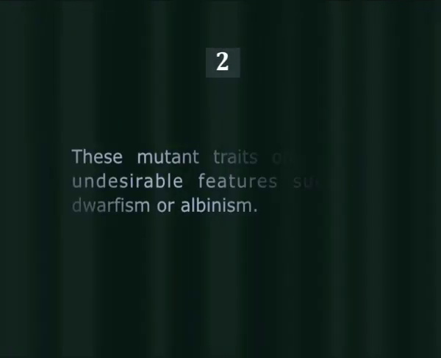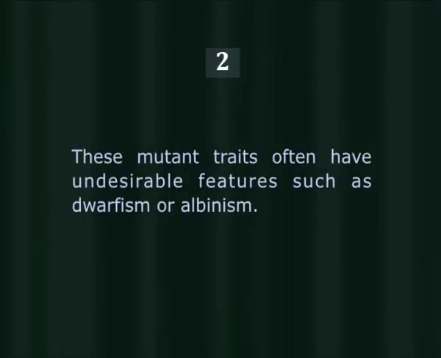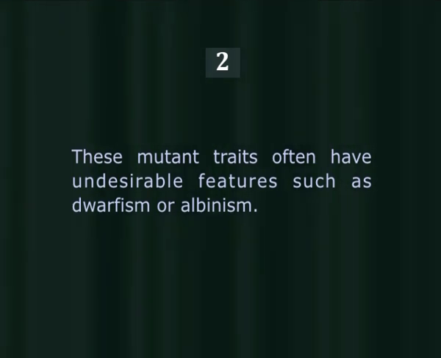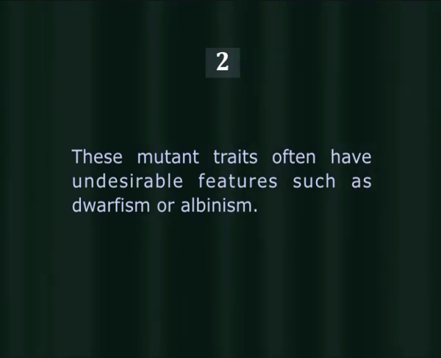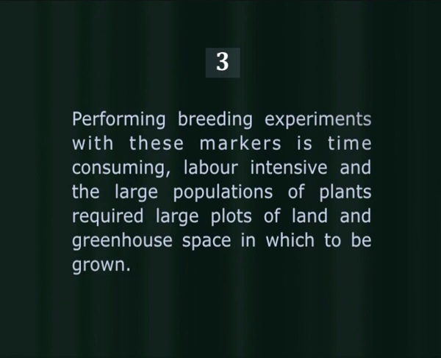Second, these mutant traits often have undesirable features such as dwarfism or albinism. And lastly, performing breeding experiments with these markers is time-consuming and labor-intensive, and the large populations of plants require large plots of land and greenhouse space in which to be grown.